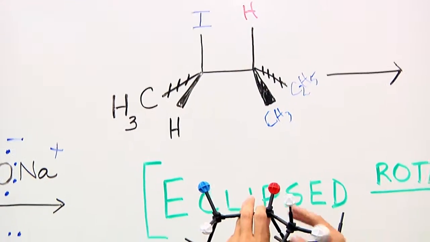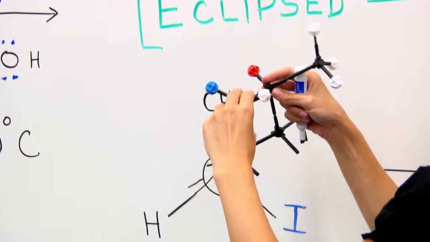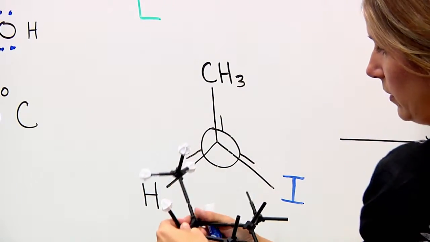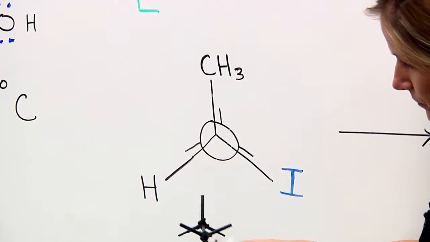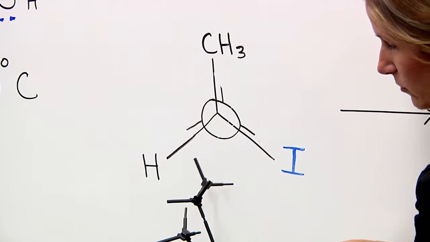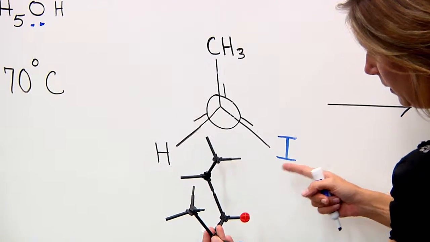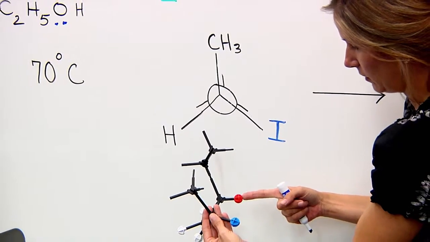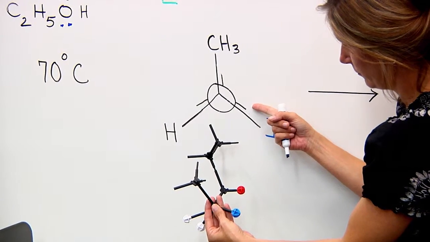Now just turning this so that you can see it down the front in the Newman projection. Again, we have our iodide group here in the front, eclipsed behind it is the hydrogen group.